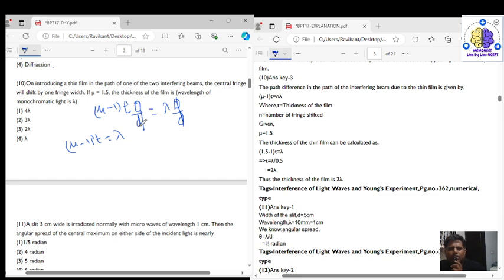What they are asking is the thickness of the film, which is to be given in terms of lambda. Since mu is 1.5, we get 0.5 t equals lambda. So t equals lambda upon 0.5, which is 2 lambda. So the thickness of the film is 2 times lambda, which is option 3. So the correct answer for question number 10 is option 3, right?